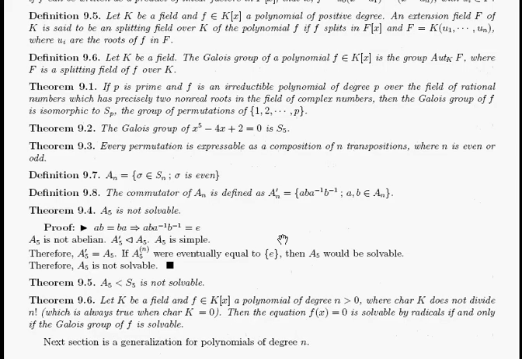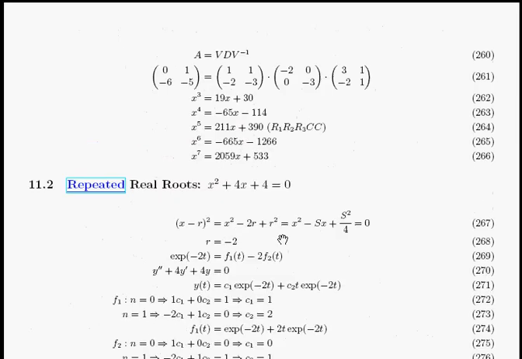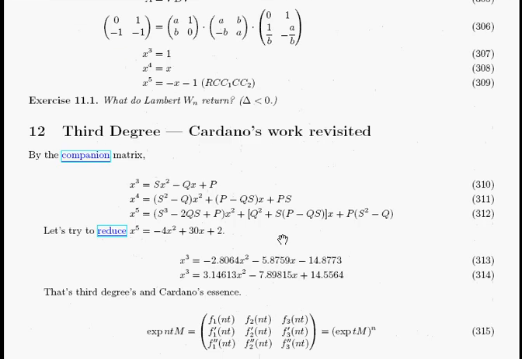Hungerford says the cubic is solvable by radicals. We have already done second degree, and now we're going to third degree. By the companion matrix 0, 0, 0, 1, 0, 0, 0, 1, and minus p, q, minus s in the third line, we can go on to a equals to 4, a equals to 5.